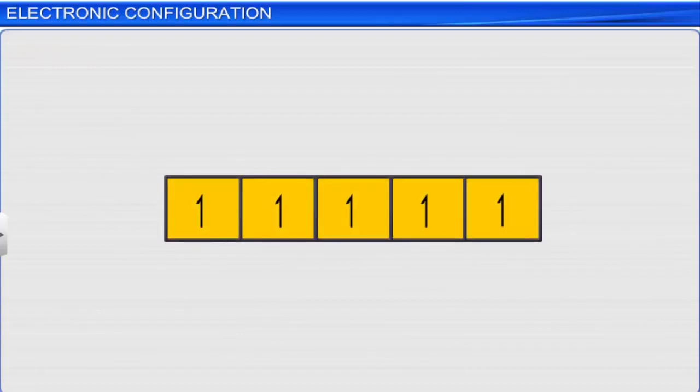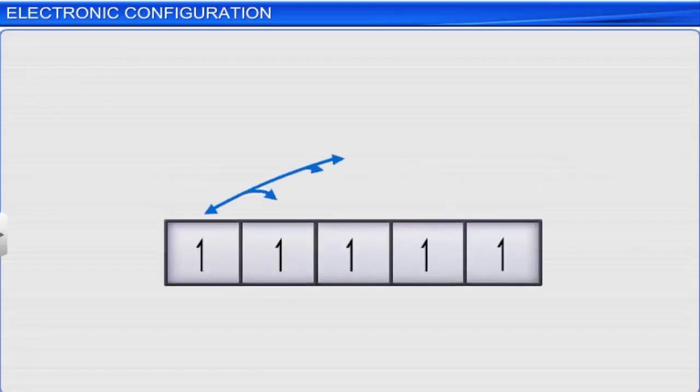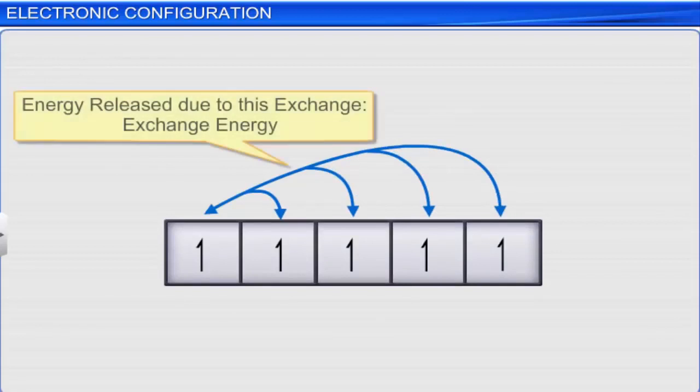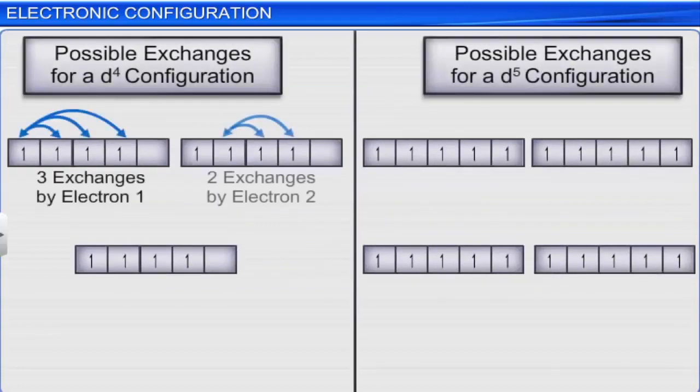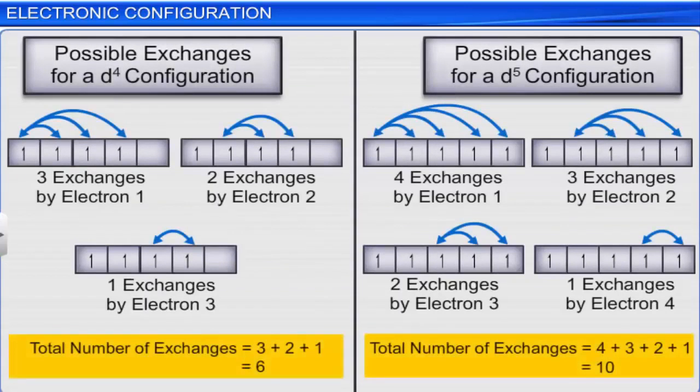These electrons tend to exchange their positions, and the energy released due to this exchange is called exchange energy. The number of exchanges that can take place is maximum when the subshell is either half-filled or completely filled. As a result, the exchange energy and stability are maximum.